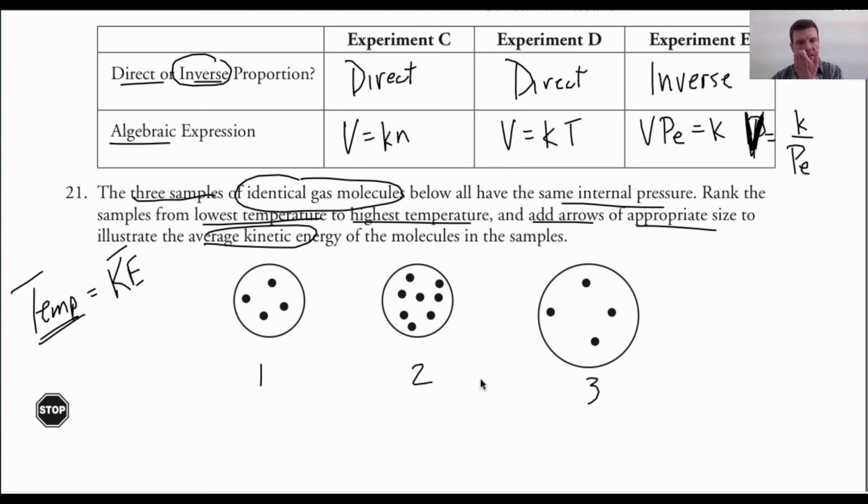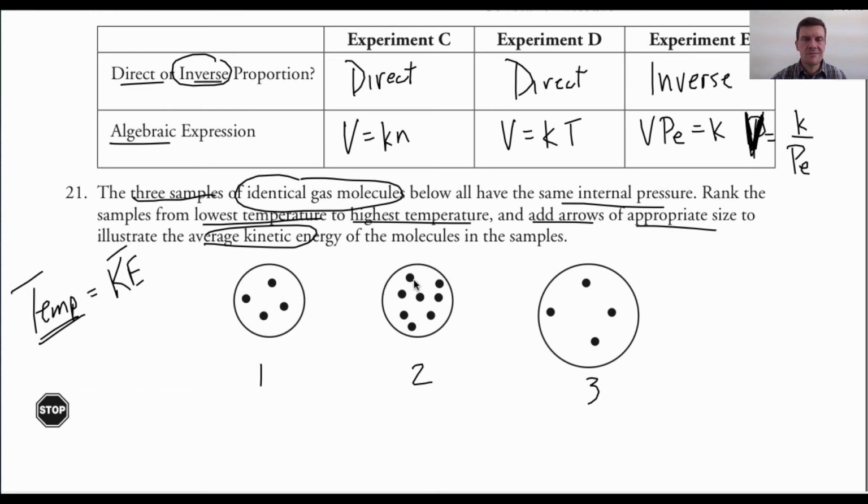Okay. Let's compare these two, 1 and 3. 3 is larger, same number of particles. So 3 must be pressing with greater force than 1. And if I was just to assume that balloon 3 is twice as big as balloon 1, then they probably have twice the kinetic energy. So it looks like 2 has the least kinetic energy, lots of particles doing the work as compared to balloon 1, where only half the number of particles are doing the work.